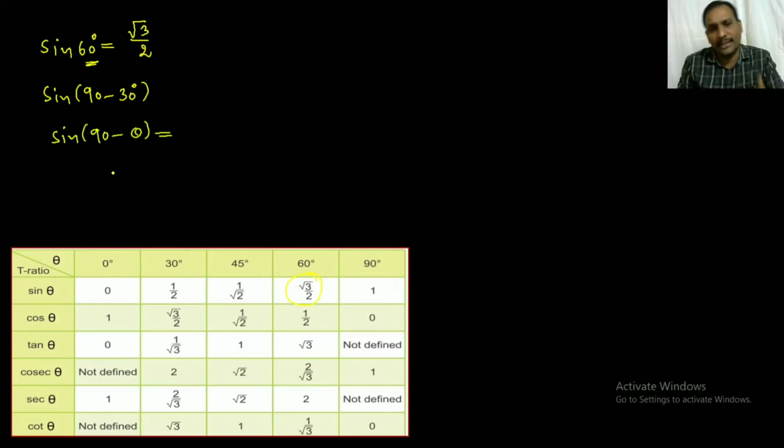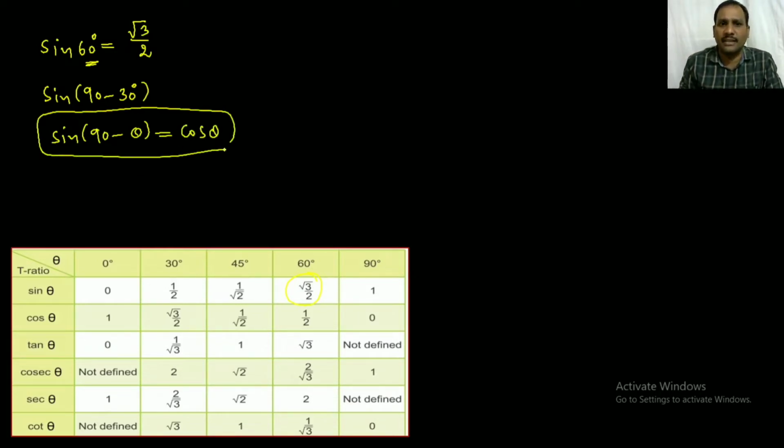Just now we have learned that sine 90 minus theta is cos theta. Let us write this formula here. In place of theta, what do we have? That is 30 degrees. Then sine 90 minus 30 will become cos 30. What is the cos 30 value? You can check the trigonometric table. This is root 3 by 2. So sine 90 minus 30 is cos 30.